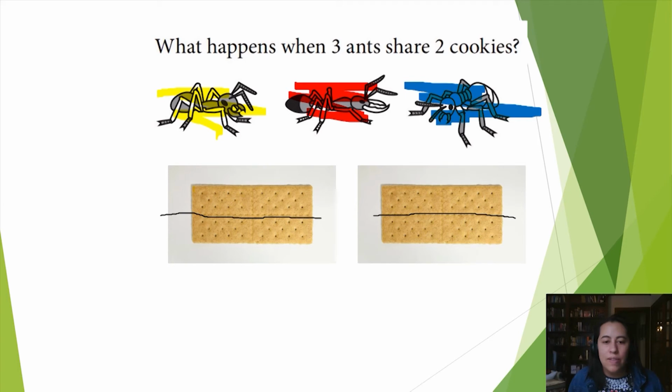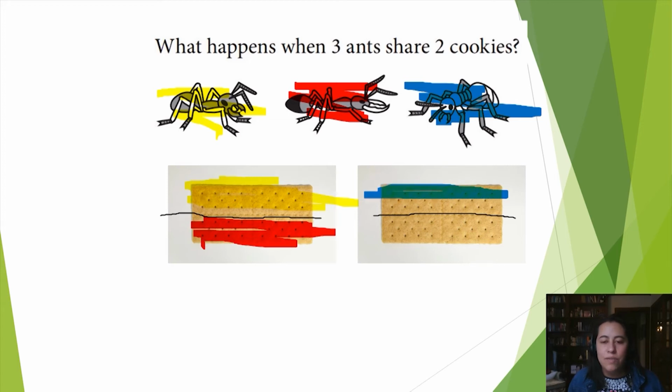I'll give the yellow one this half. I'll give the red one this half. I'll give the blue one this half. So far each of them have one half. Ooh, but after that I only have one half left. So breaking this into halves wouldn't work to give each ant an equal amount and eat all of the cookie, because you know the ants want to eat all of the cookie.